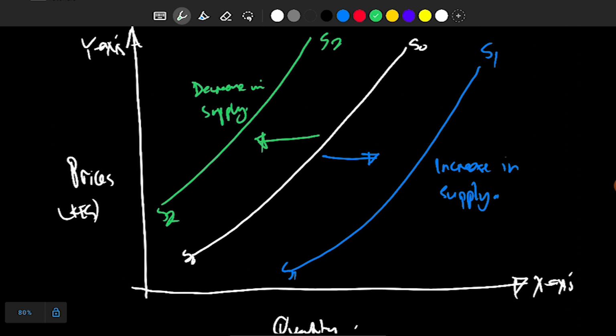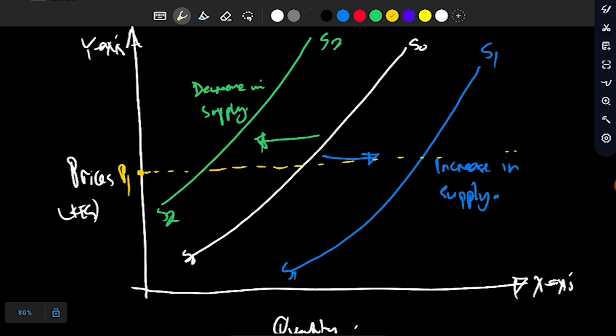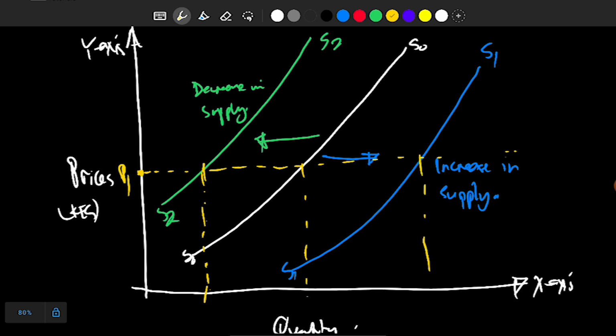Let's see how this happens. For example, take any point like this as our price P1. Then you try to draw like this. Wherever each point touches the supply curves, you plot that downwards to see changes in the quantities supplied. You see Q1 here, Q2 here, and here you have Q3.